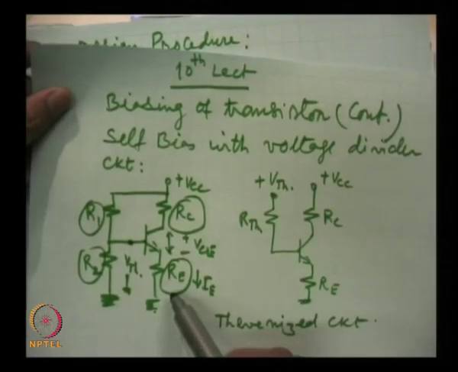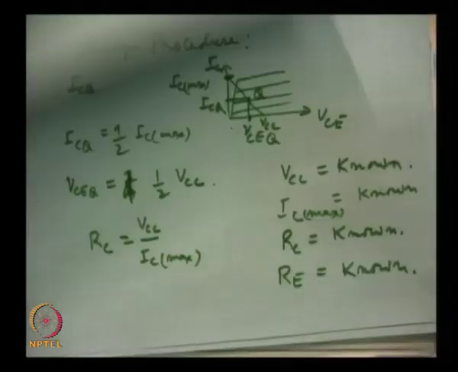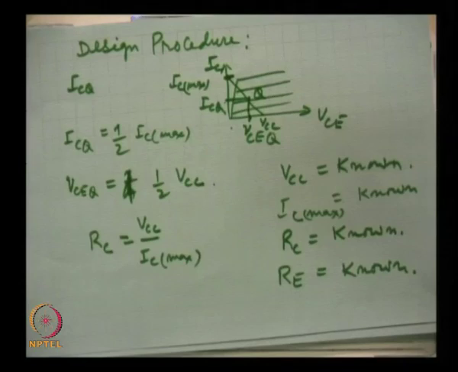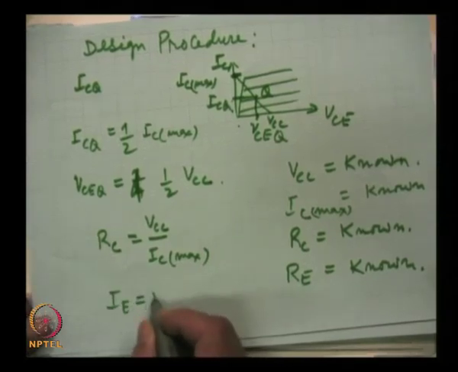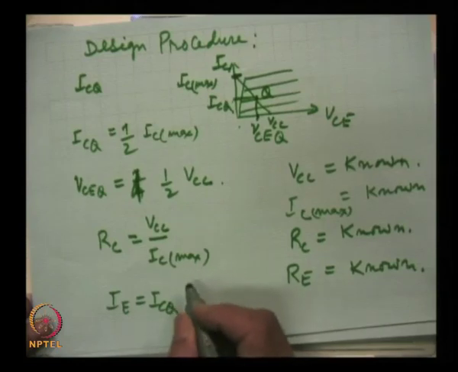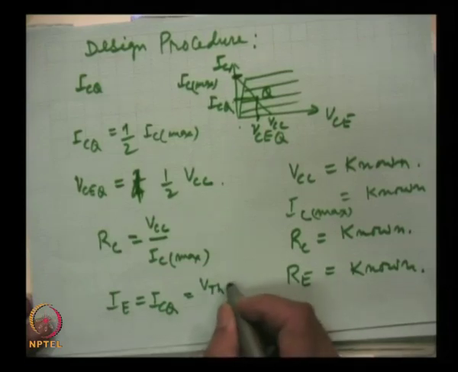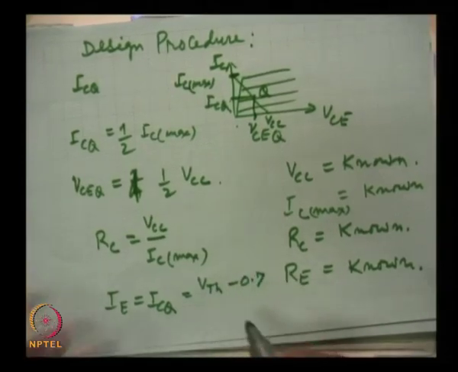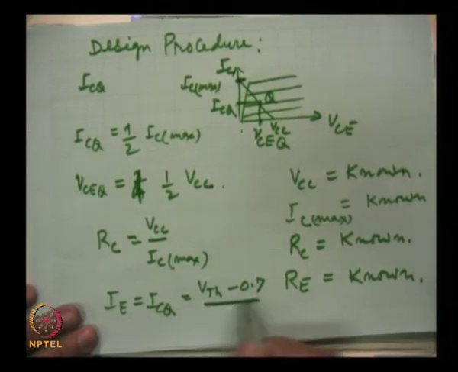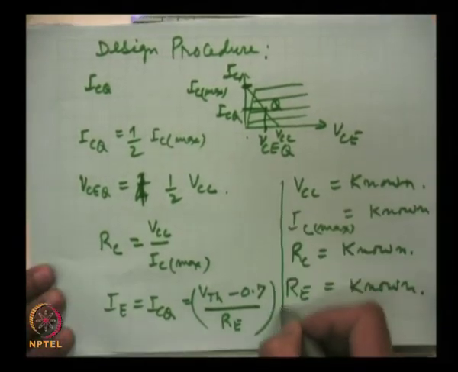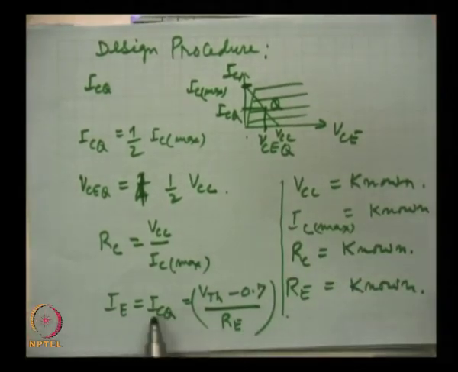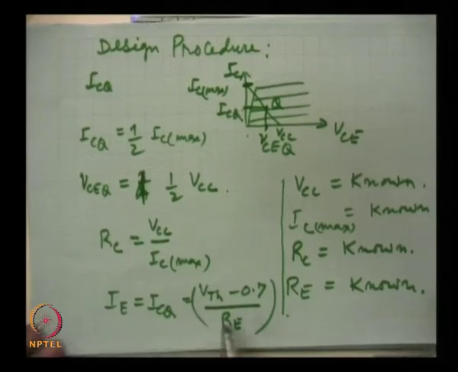So, RC is known, RE is known, and the two resistances have to be calculated, and for that we make use of this IE, which is same as ICQ, and this is equal to VTH minus VBE by RE. This is the expression which we have talked about earlier.